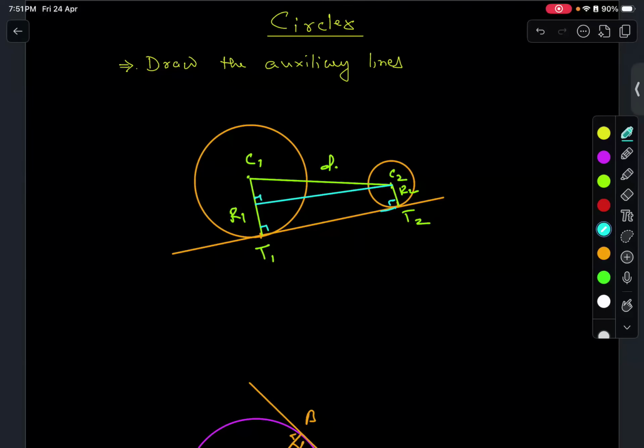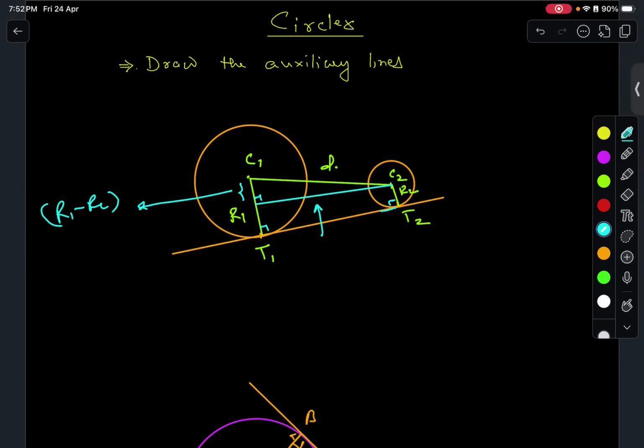So can I say this length is R1 minus R2, and I have to find the length T1, T2 that is parallel to this length only, right? Just going for that.